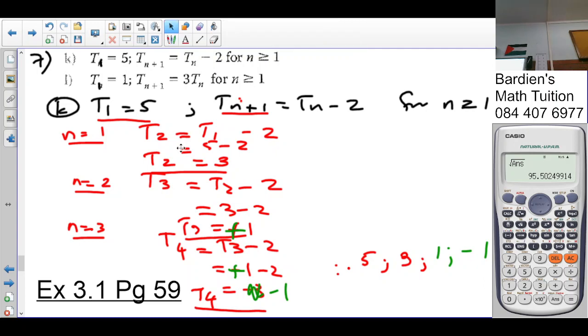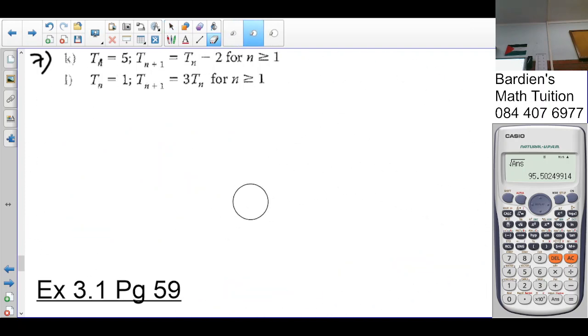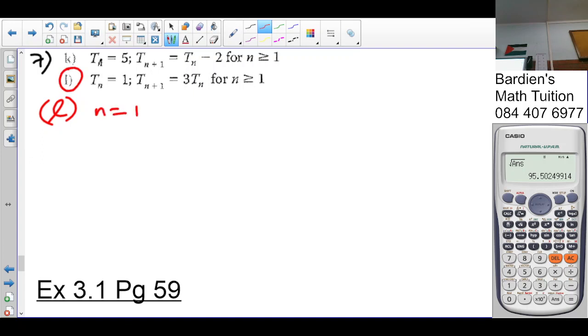So you guys understand? Go straight into the next one, or you need a minute for the next one? Alright, we'll go straight. L. So we start with n is equal to 1. If n is equal to 1, what do we know? This was 1, eh? Then it's going to be 1 plus 1, which is T2 is equal to 3 times term 1. Not so? So it's going to be 3 times 1, which is 3.